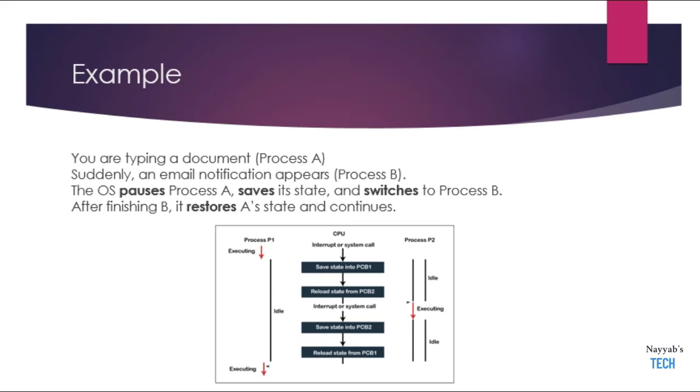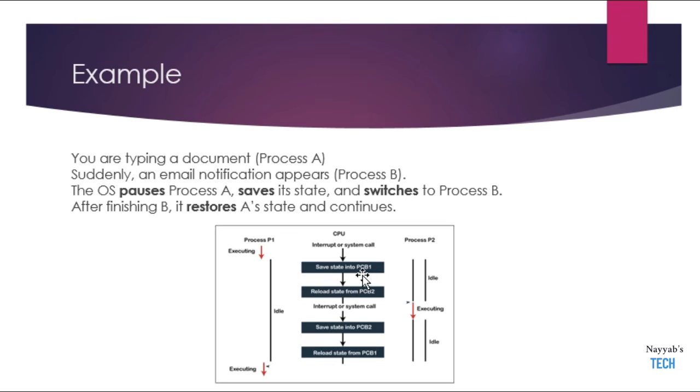There are two things happening right now. Here I am showing you the example: this is process 1 and this is process 2. Consider typing a document as process 1, and the email notification which appears as process B. The interruption or system call happens when the email notification appears, so it will save the state of process 1 and reload process 2.